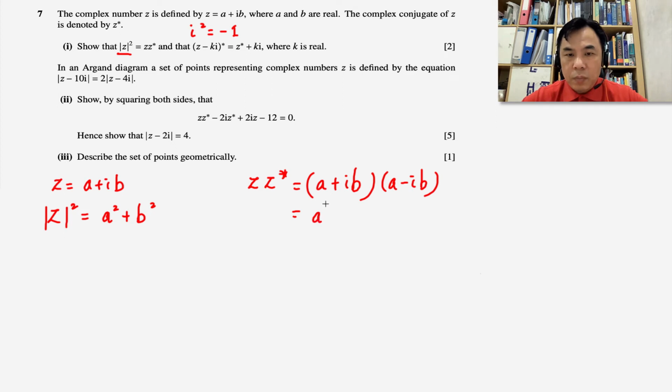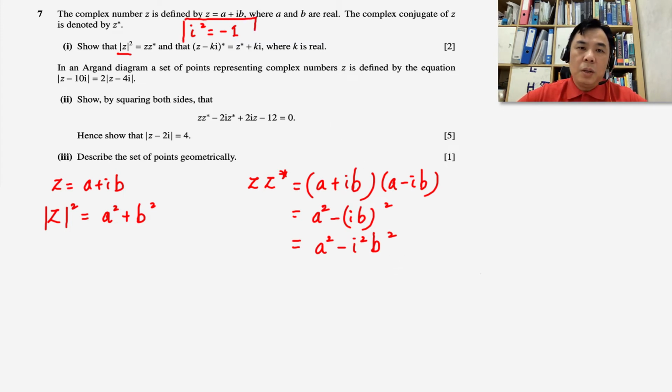We will get a squared. Of course, this is the (a plus ib)(a minus ib) form. With a bit of simplification, you will find that this is a squared minus i squared b squared.